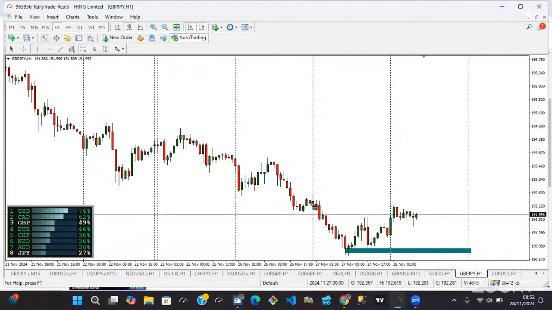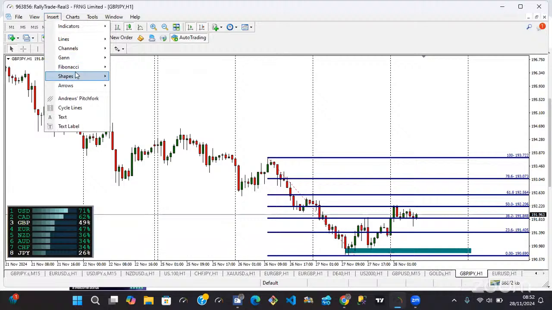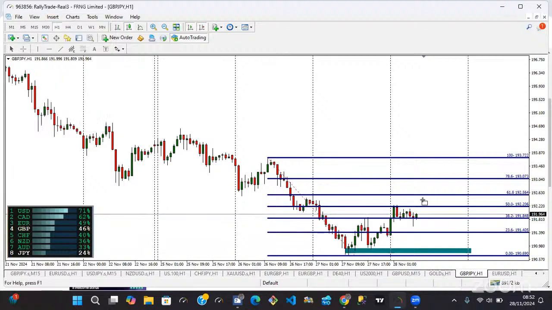Now, this is not your highest high, it's just an insignificant retracement. So I will be looking out for a continuous and further sell in between my 50 and 61% retracement levels here. And I think it just tapped into that level and tried pulling down.